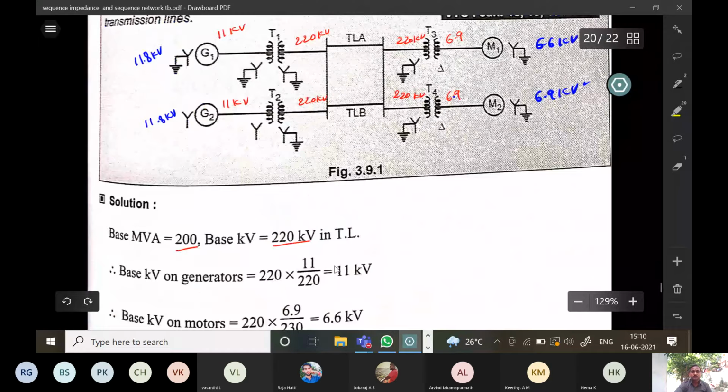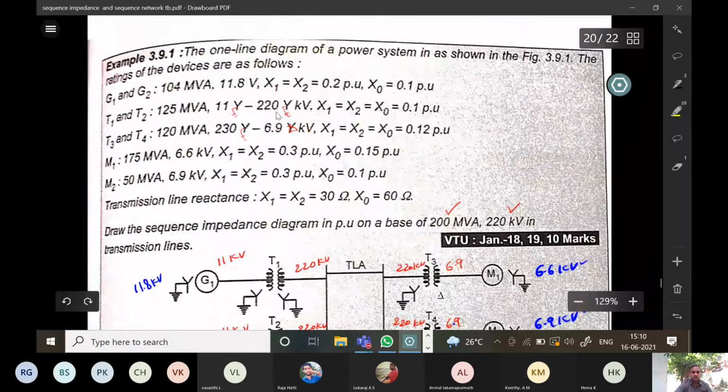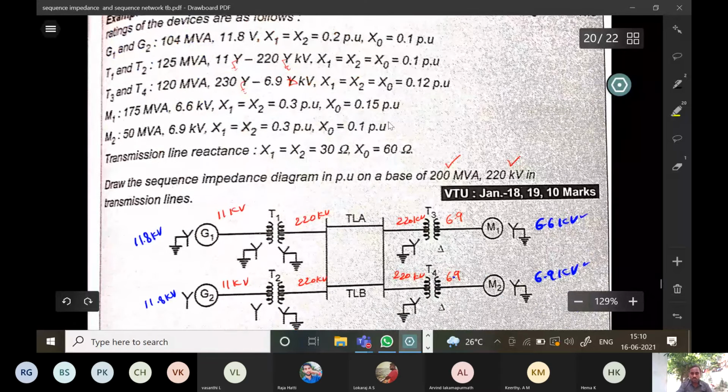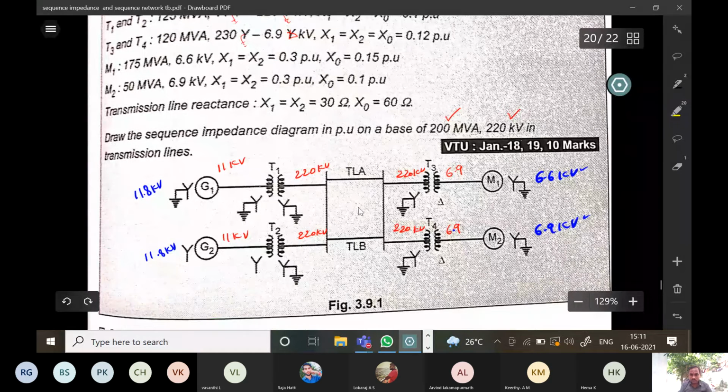On this side, transformer 1 and 2 is 220, but transformer 3 and 4 is not 220, it is 230. So there are slight changes. Because of this 230, we need to calculate, so this will change.